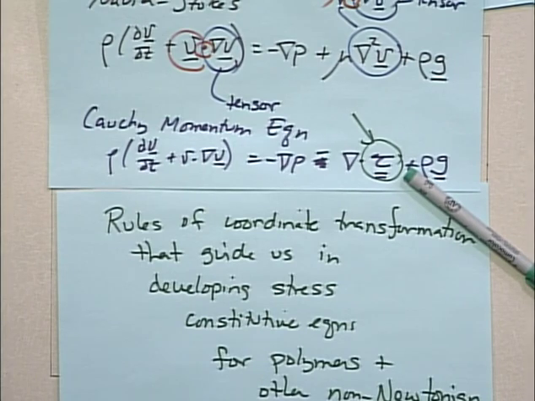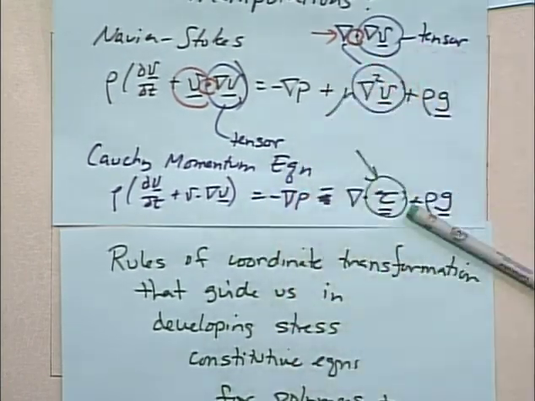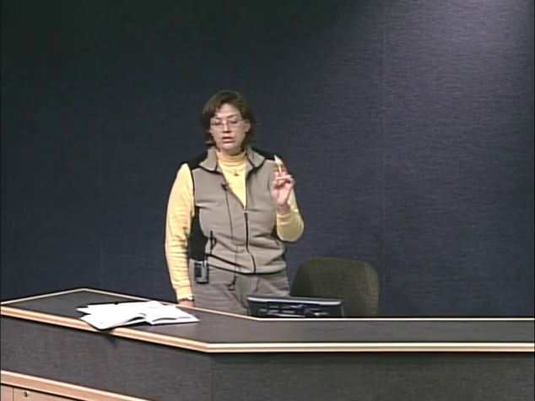The Navier-Stokes equation and the Cauchy momentum equation don't depend on coordinate system. They can be written in any coordinate system. In your undergrad fluid mechanics class, you usually used tables of the Navier-Stokes equations to solve flow problems. It didn't matter whether it was in rectangular, cylindrical, or spherical coordinates, or any coordinate system we like.